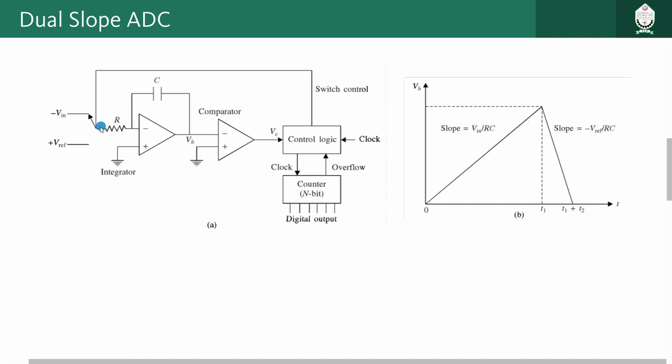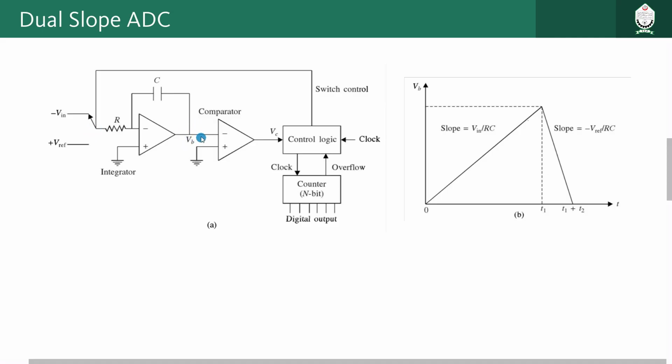In some cases the switch is connected with the input voltage. If you remember this circuit from your previous ADC example, this is just an op-amp integrator, so it will work as a ramp generator, controlled in some cases by the input voltage and in some cases by the reference voltage.